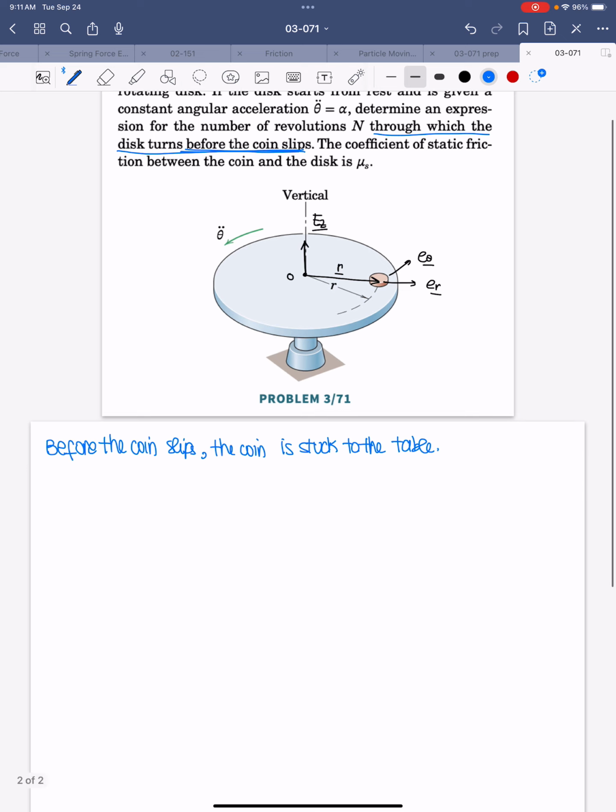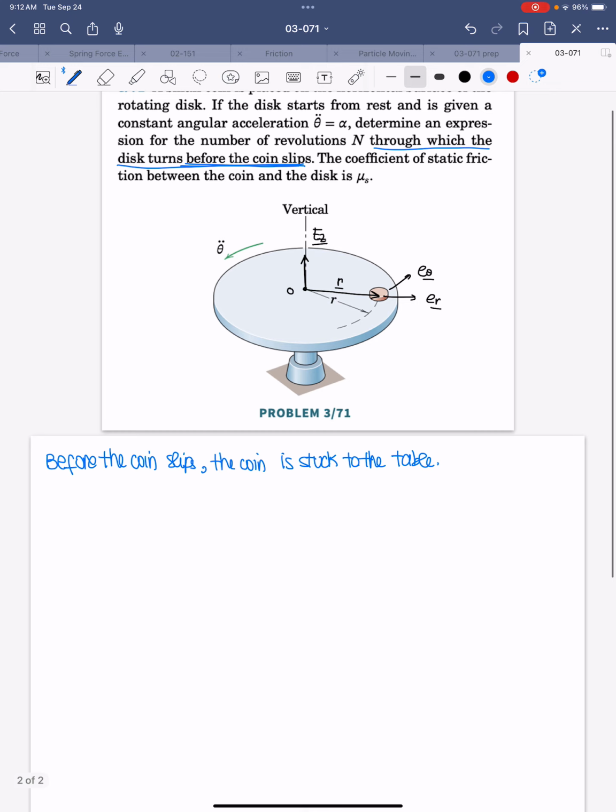So R is going to be constant. Sorry, not the vector, the scalar. And theta dot of the coin is going to be the same as theta dot of the disk. Same for theta double dot.